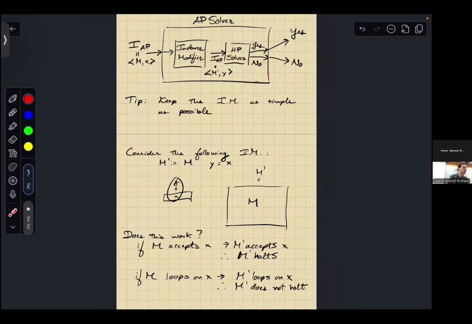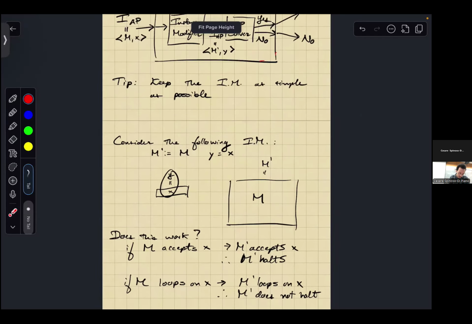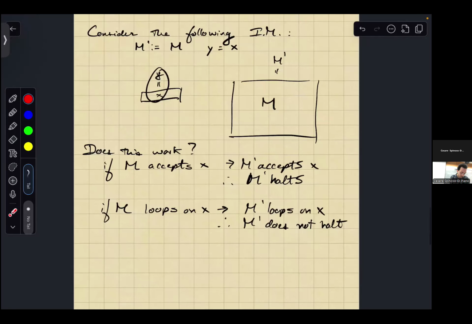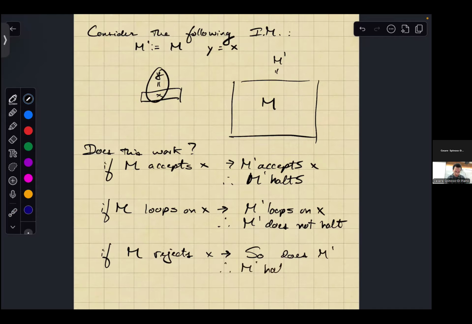So far it seems that things are working, but of course I've saved the edge case for last, which is if M rejects X, then so does M prime, right? Therefore, that means that M prime halts on X, right?